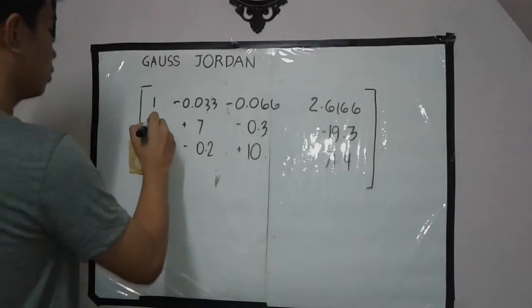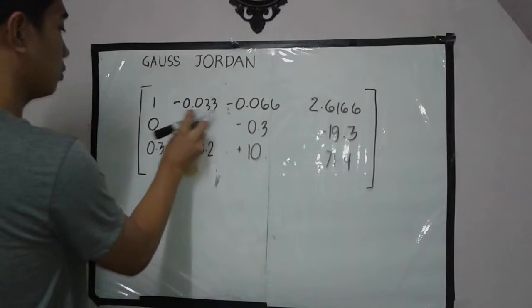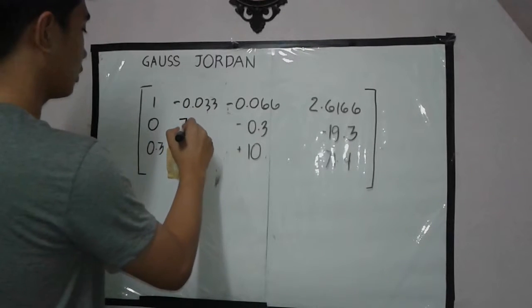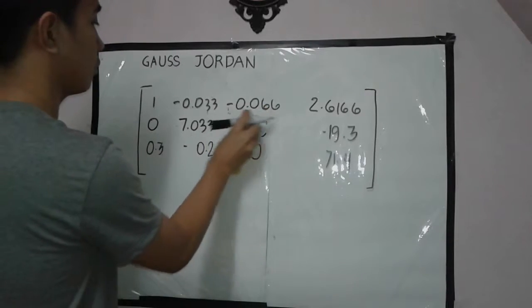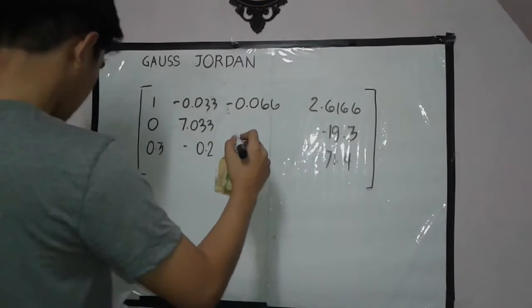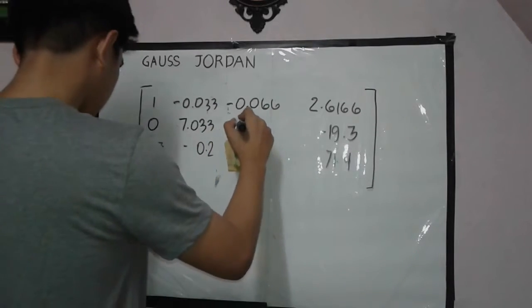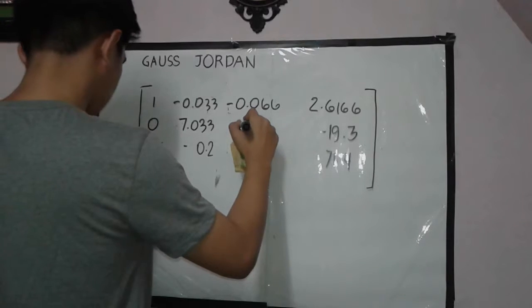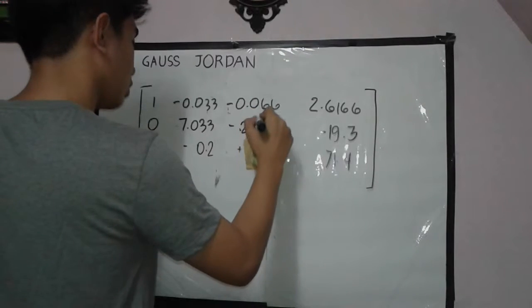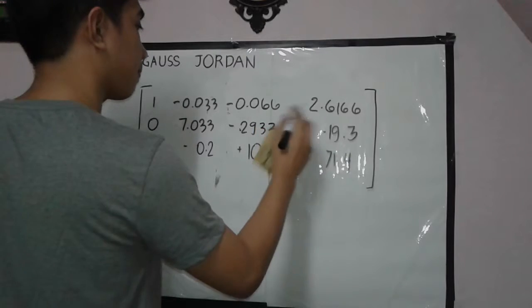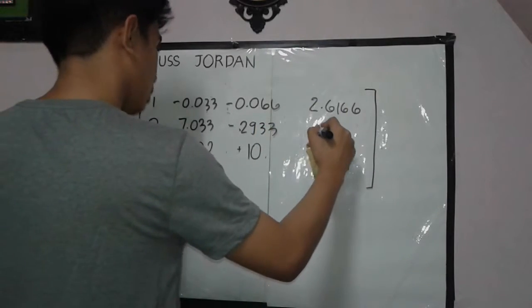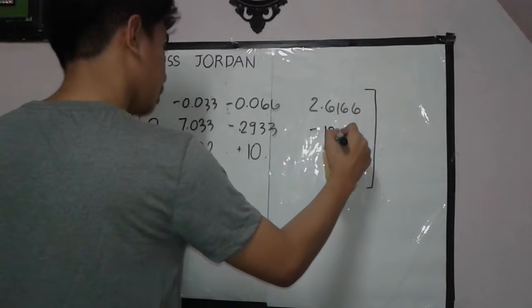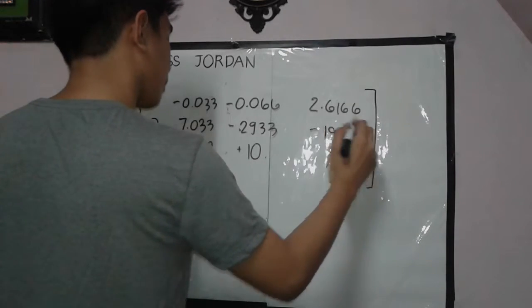It becomes 0, 7.033, negative 2.33, negative 19.56.